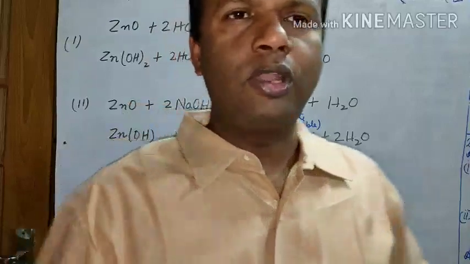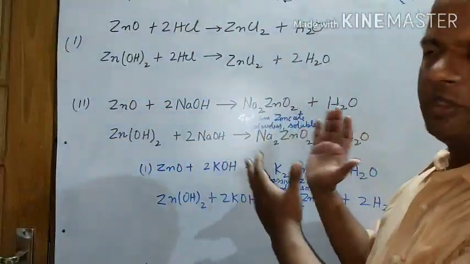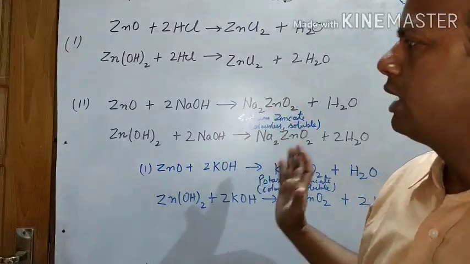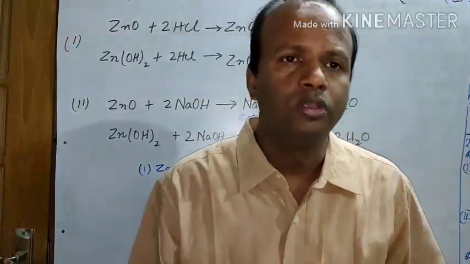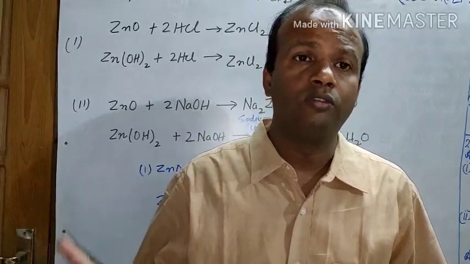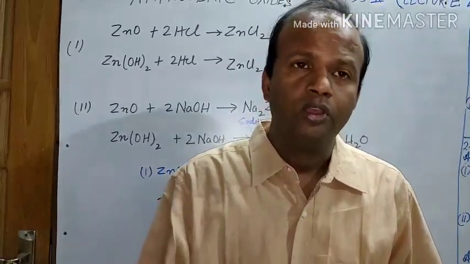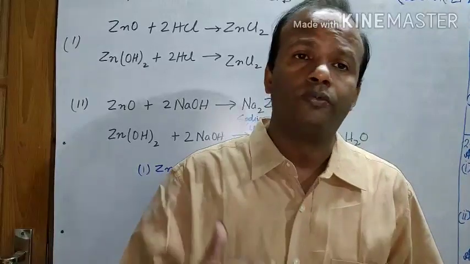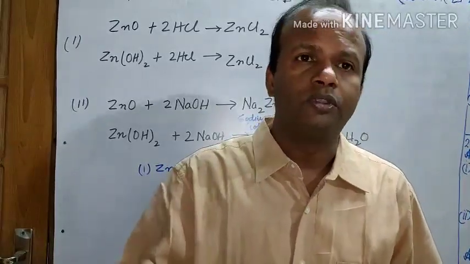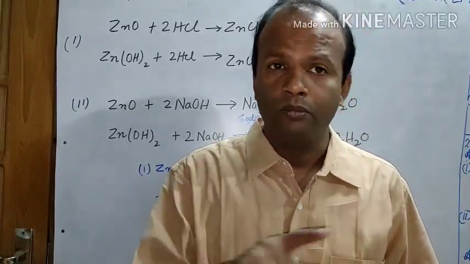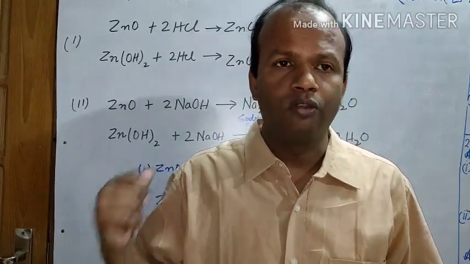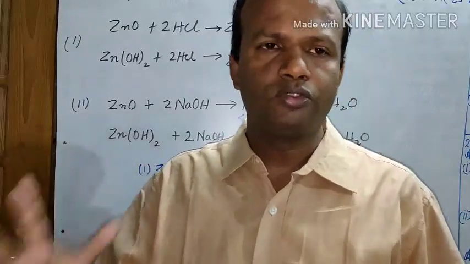And my dear students, this is the main thing, the characteristic reaction of some of the metals which are amphoteric in nature: the oxides and hydroxides both react with acid and base to give salt and water. Although we know that metals form basic oxides, so they should not react with base. Again I am revising it: in the case of amphoteric ones, they react with acid and base to give salt and water.